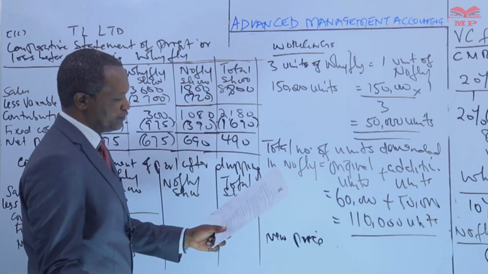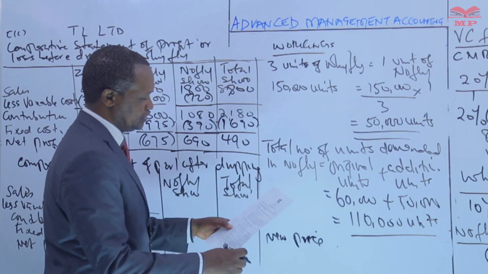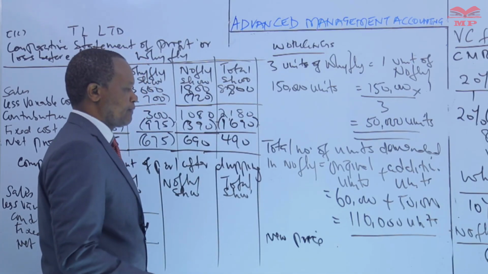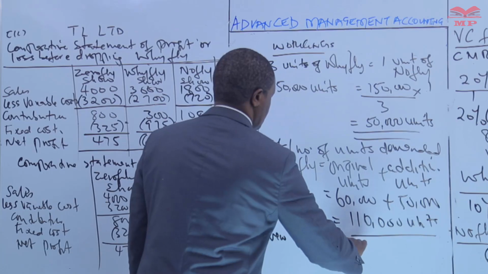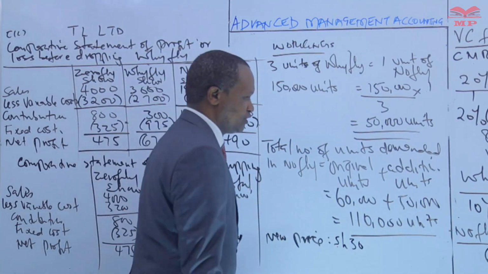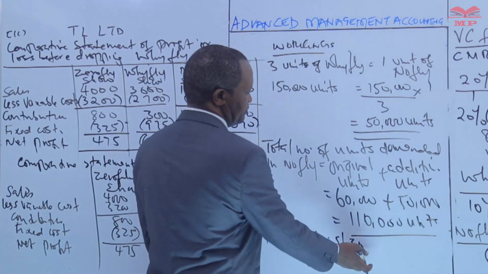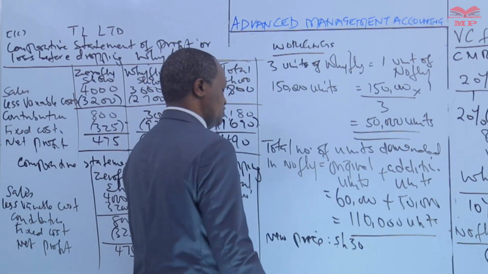Before the reduction, the price is 30 shillings. After reduction, the original price represents 100%. If it is reducing, that will be 90% of this.